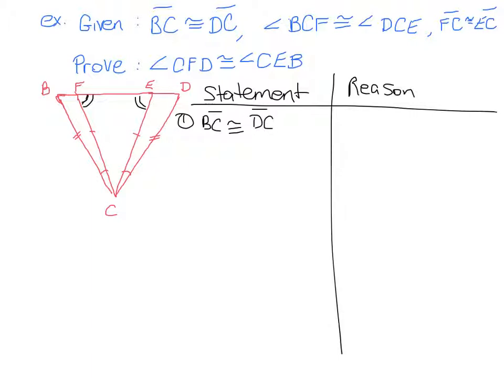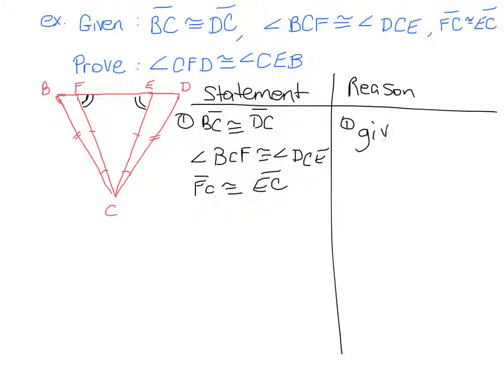We also know that angle BCF is congruent to angle DCE, and we also know that side FC is congruent to side EC. These things are not only given up here, they're also marked in our diagram down here. So that's congruent to that, that's congruent to that, and this angle is congruent to this angle. So all of that information is given. We could have broken it up into three given pieces of information, or we can lump it together like this. It doesn't really matter that much.